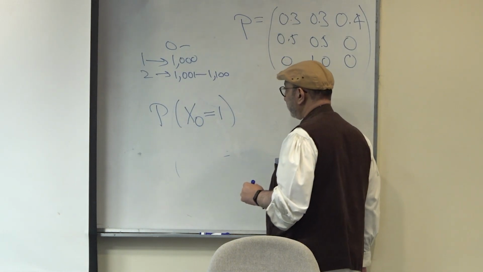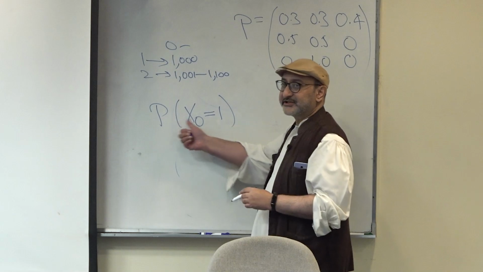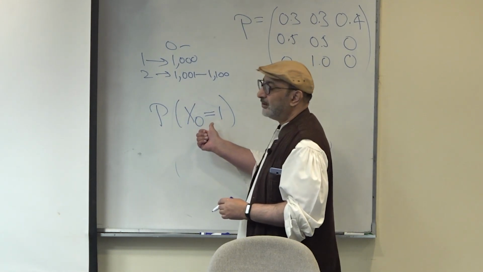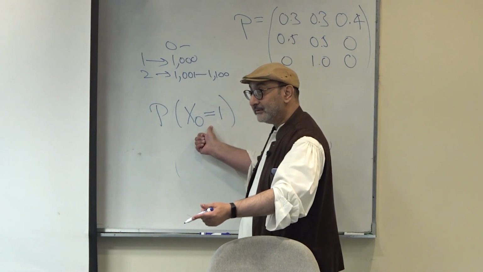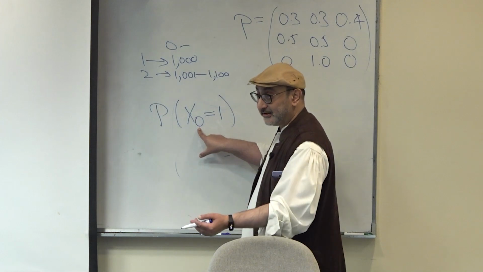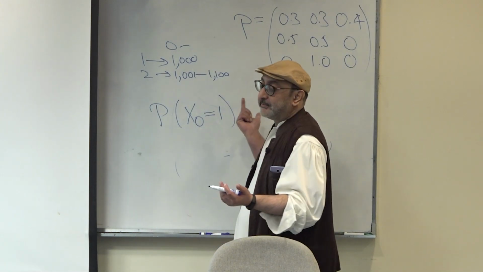From historical data, I have an idea that the probability that we'll be in state 1, the number of people at the gate when we open, that's why I'm saying 0 initially, is some probability.